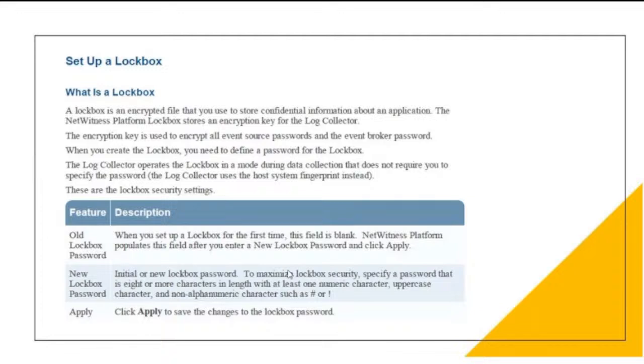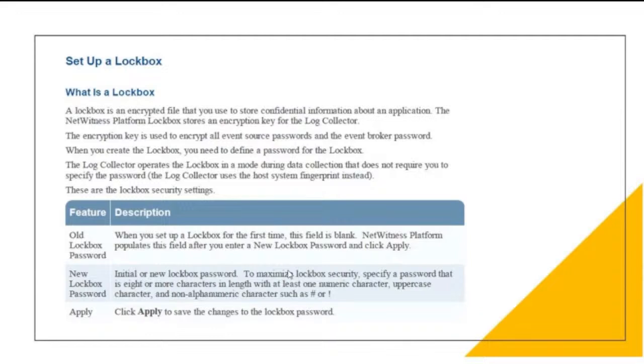As per my understanding, the lockbox feature is used for the encrypted log files from all the log sources to the decoder. Am I right? Or log sources to log collector to log decoder.